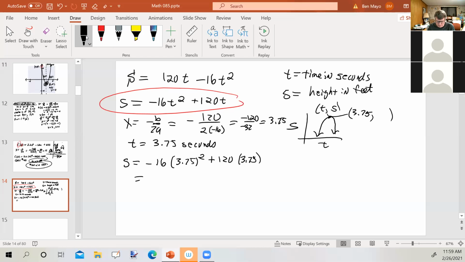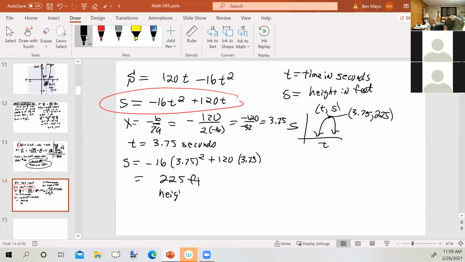And again, calculator time, negative 16 times 3.75 squared plus 120 times 3.75, and I get 225. So the vertex would be at 3.75 comma 225, and 225 would be feet.